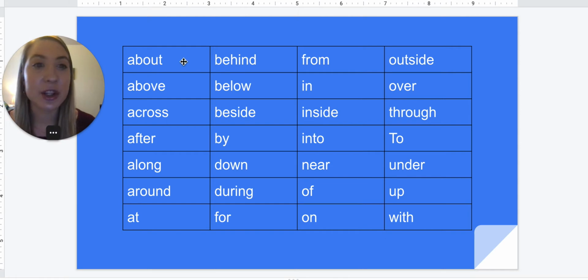These are all prepositions: about, above, across, after, along, around, at, behind, below, beside, by, down, during, for, from, in, inside, into, near, of, on, outside, over, through, to, under, up, with.